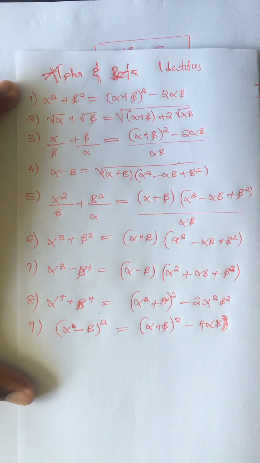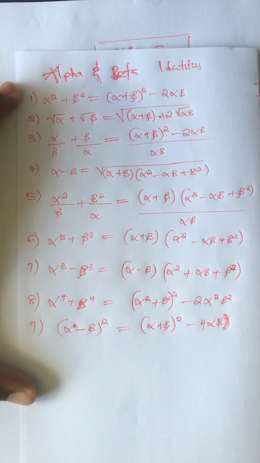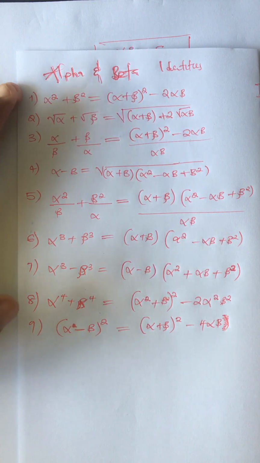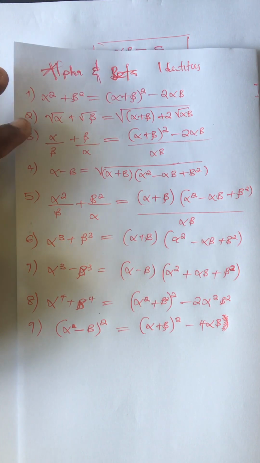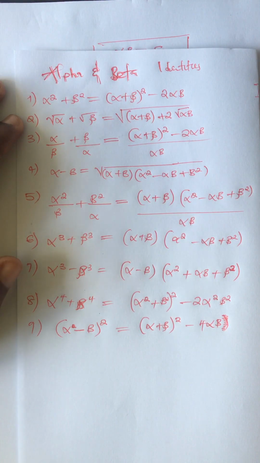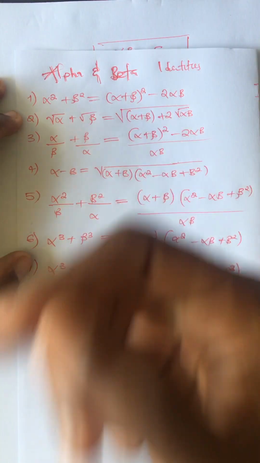These are identities. There are formulas or procedures by which you can derive these, but no one will ask you to derive this formula or that formula. So you just have to master them.